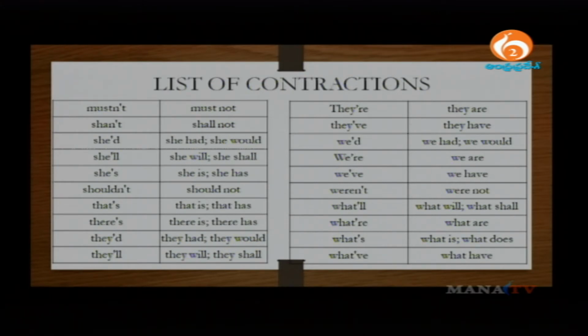We'd, we had, we would. We're, we are. We've, we have. Weren't, were not.